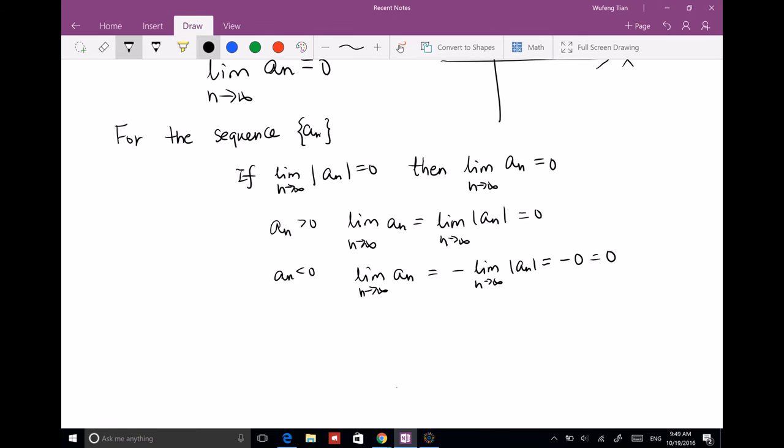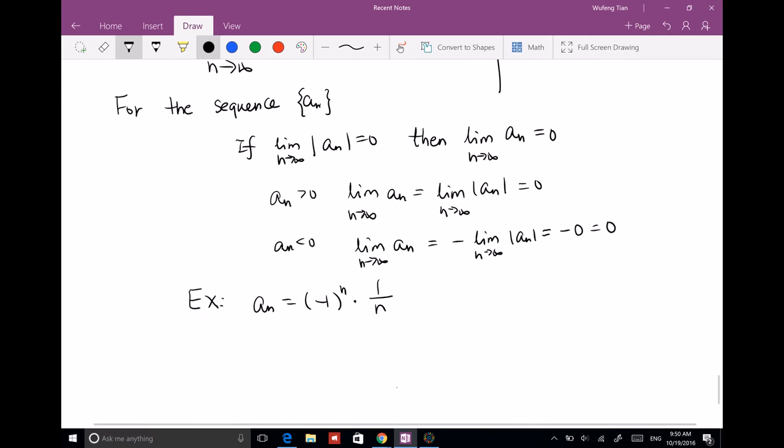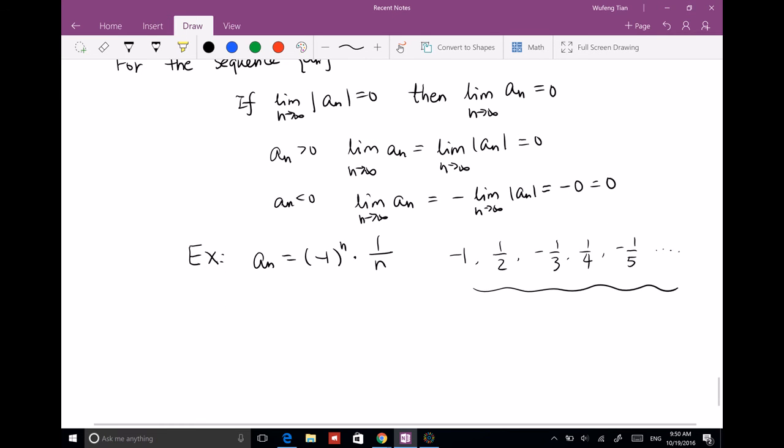Now let's look at an example. If a_n equals negative 1 to the power n times 1 over n, then a_n will be negative 1, positive 1/2, negative 1/3, positive 1/4, negative 1/5, and so on. This is the sequence. I want to find the limit of this one.